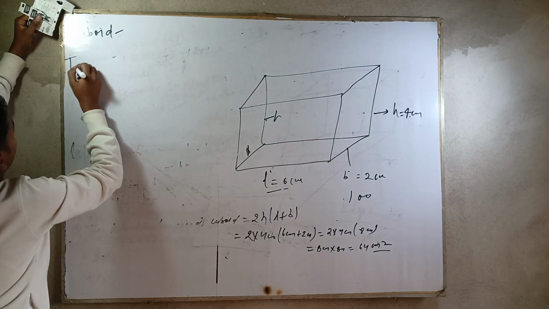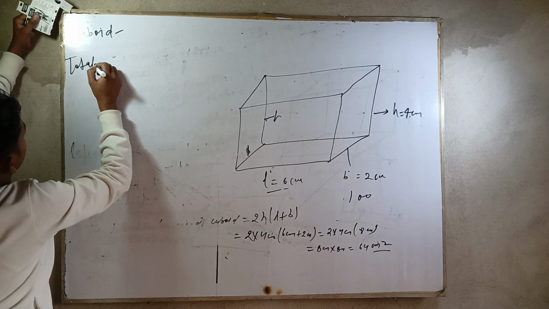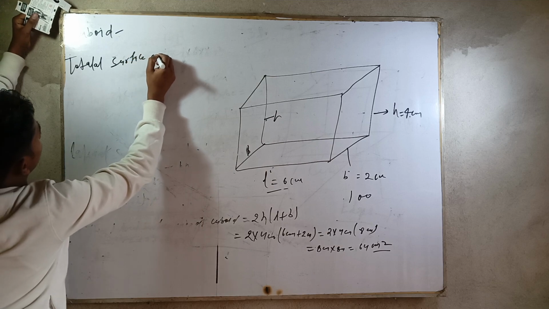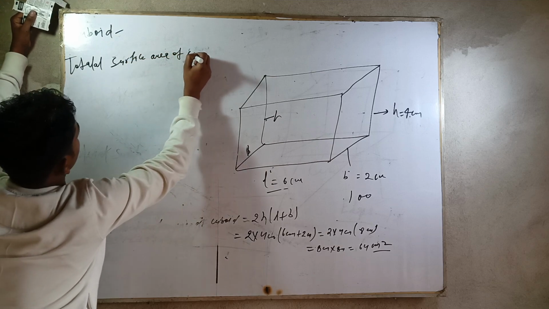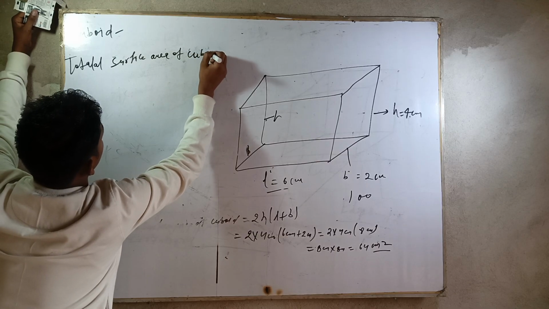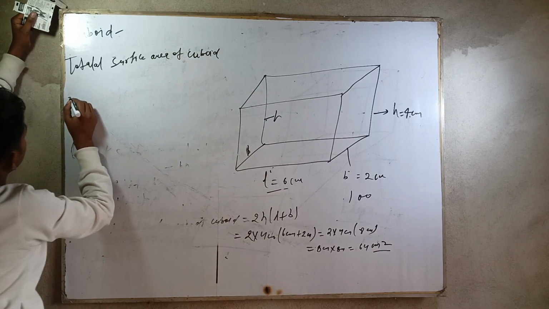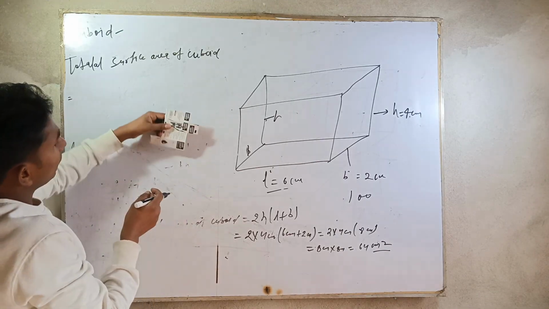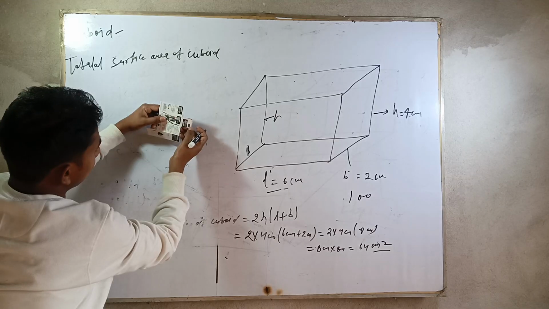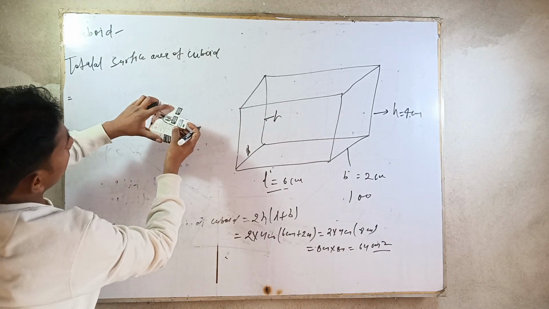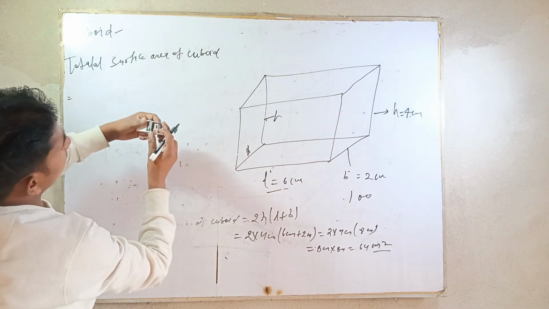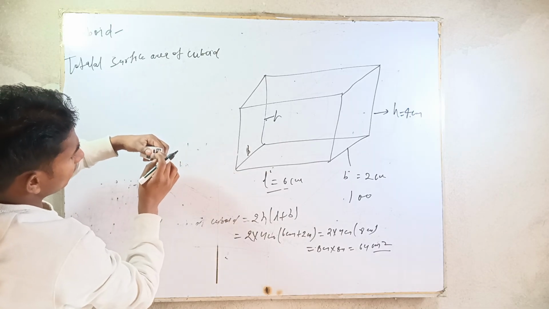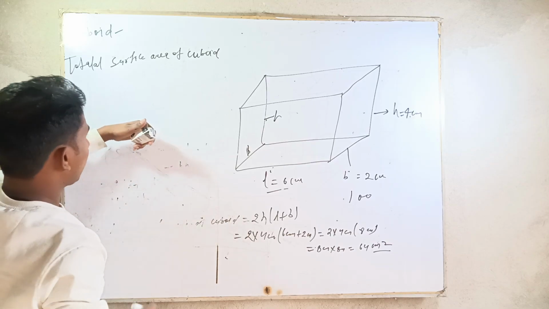Total surface area of cuboid equals, first, if I look in the figure, this one will be L, length, and height.